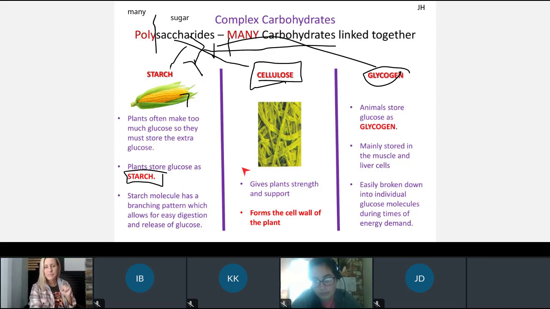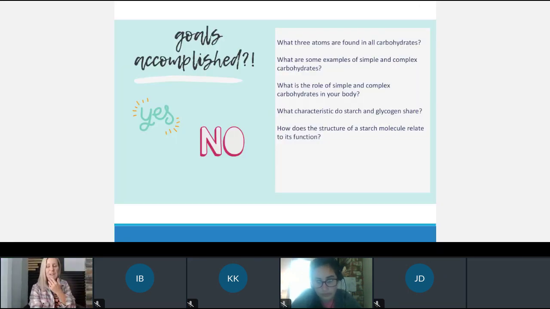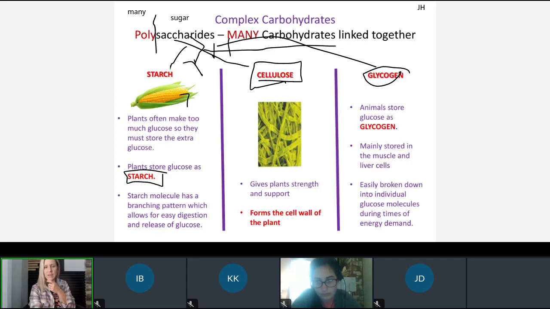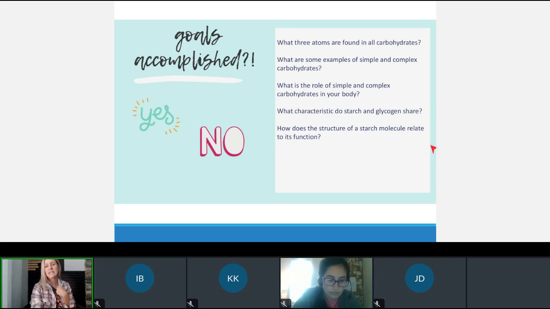Starch and cellulose, they're kind of like backup from our plants. Oh, it was talking about glycogen. I'm sorry. Glycogen and starches are backup from animals and plants that we store, energy that we store for later. Okay, so this is energy storage.